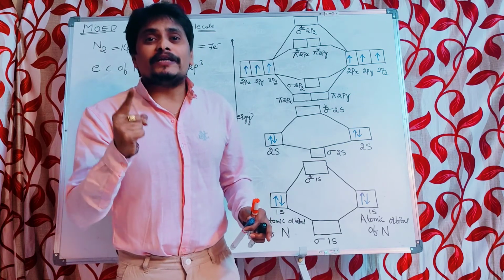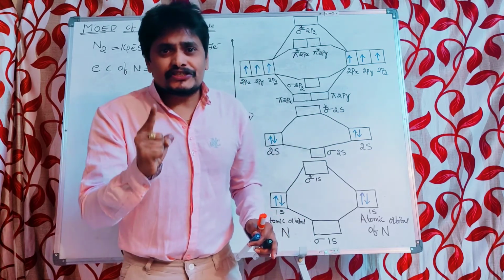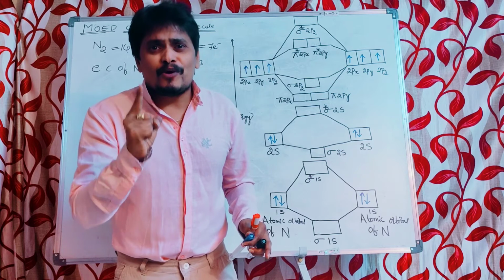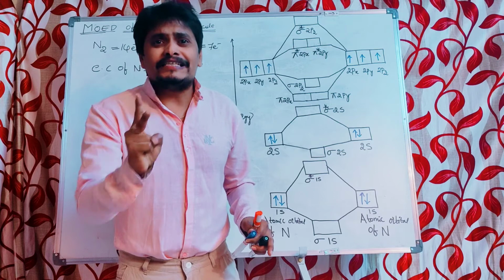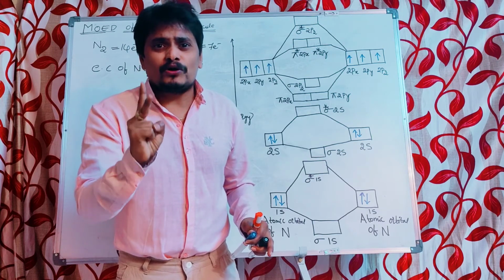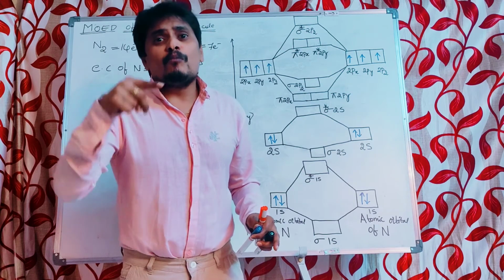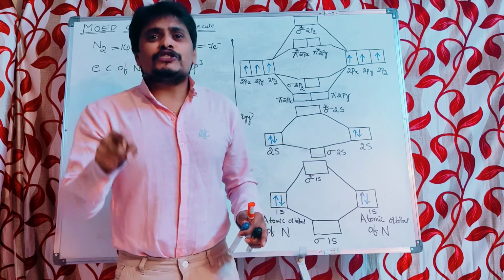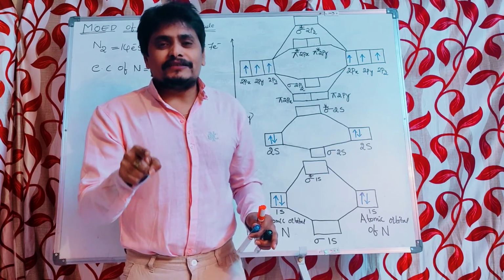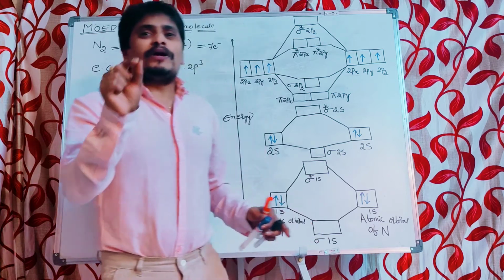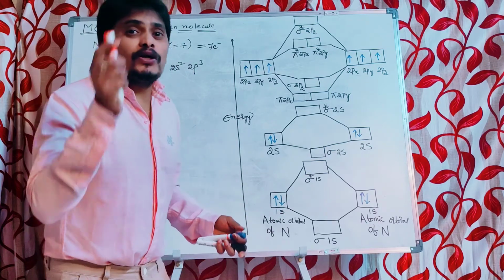To get clear-cut information about why two orders are maintained for molecules containing 14 electrons and more than 14 electrons, please do watch that video, and the link is provided in the description box. So now let us fill the 14 electrons in the molecular orbitals.